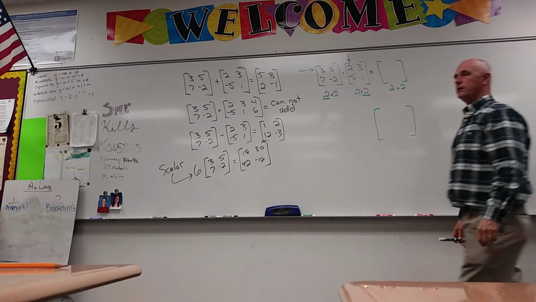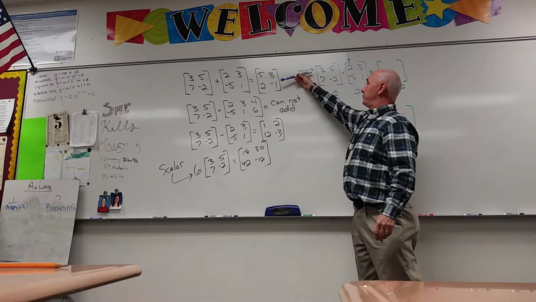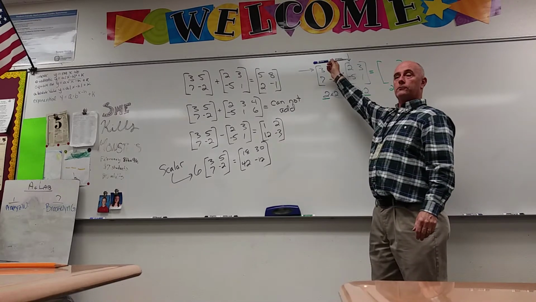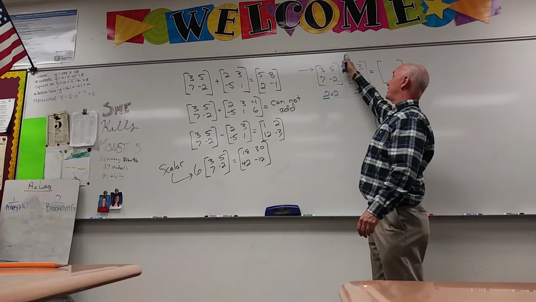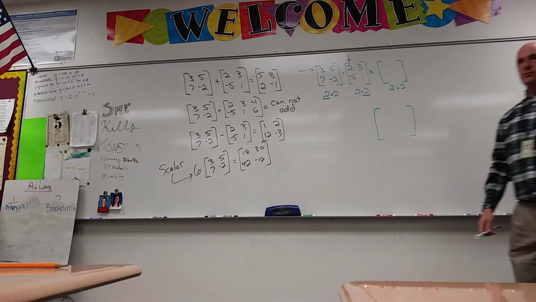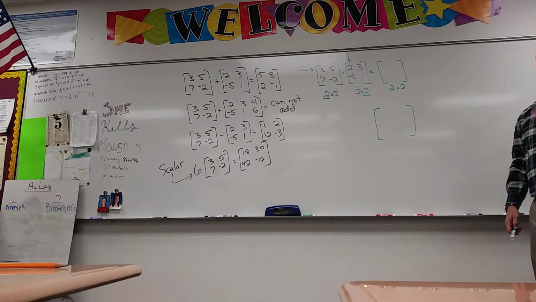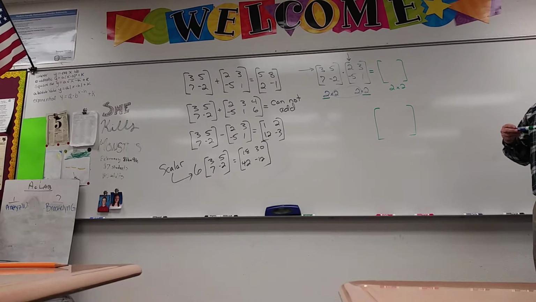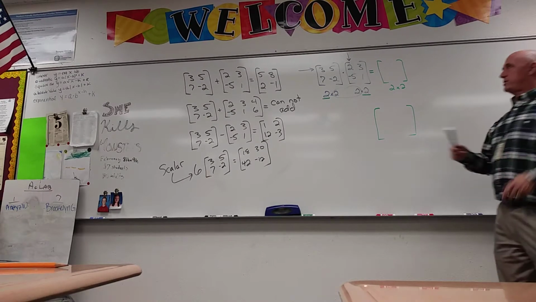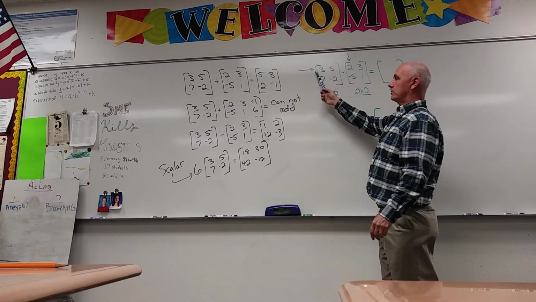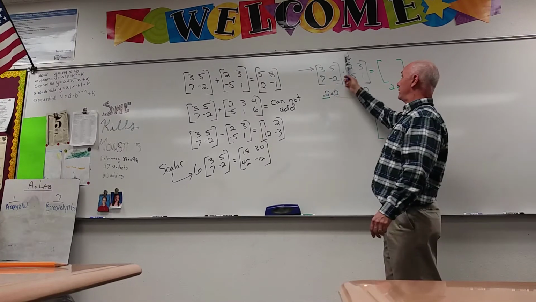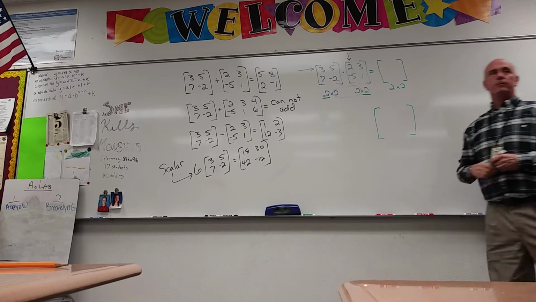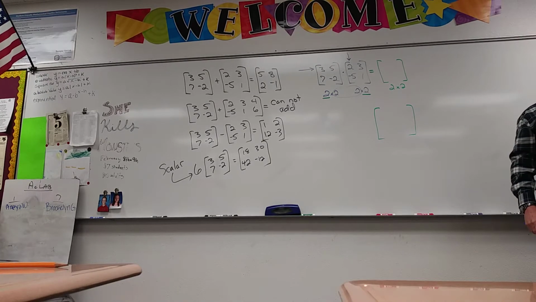To multiply two matrices, we're going to multiply a row from the first matrix times a column from the second matrix. I very strongly suggest that you draw arrows pointing at a row from the first one and a column from the second one, because you're going to follow the arrows as you go through.